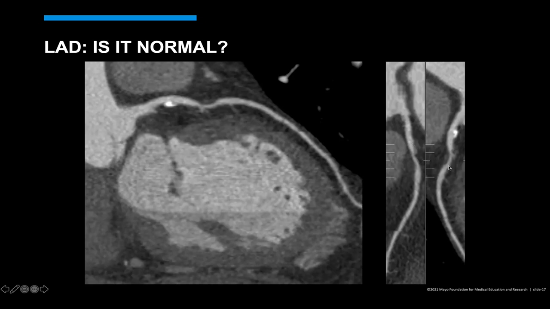Definitely greater than 50%, and in some of these views, you might get the sense that it could be close to 70%, if not more. So this is somebody that you definitely would want to investigate further. You would not discharge this patient quite yet.